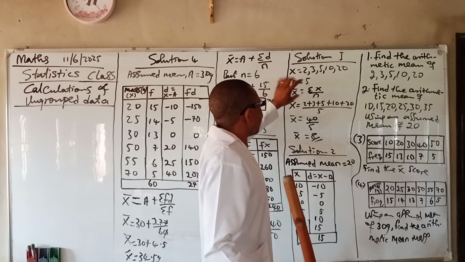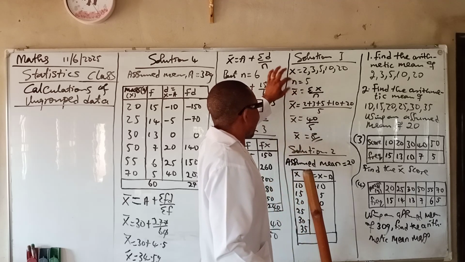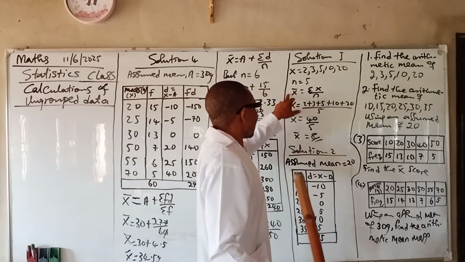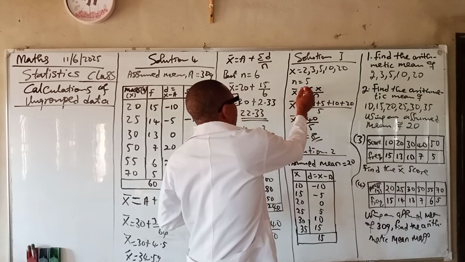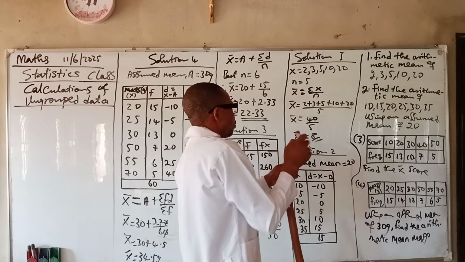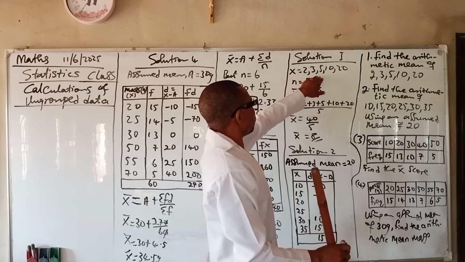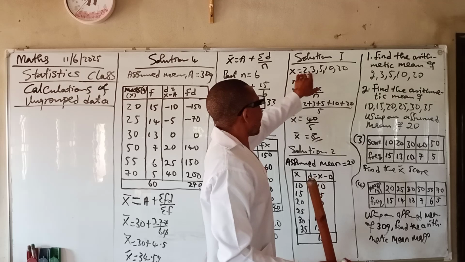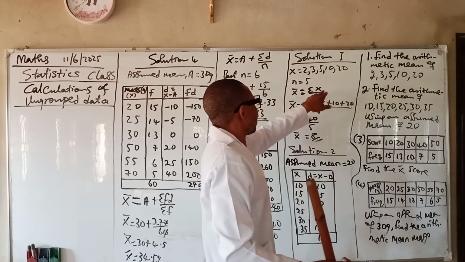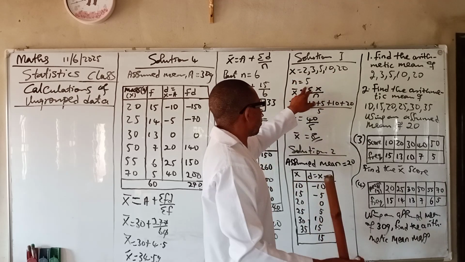The formula for calculating arithmetic mean of ungrouped data without frequency is x bar equals summation x all over small n. Now, replacing the values back, we carry the values of x here to sum them up.